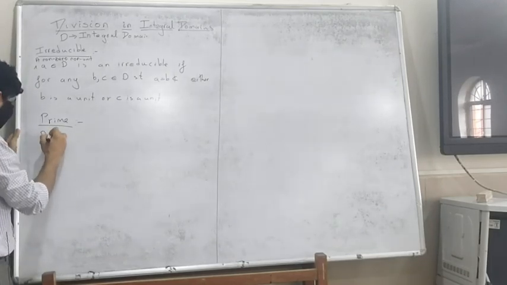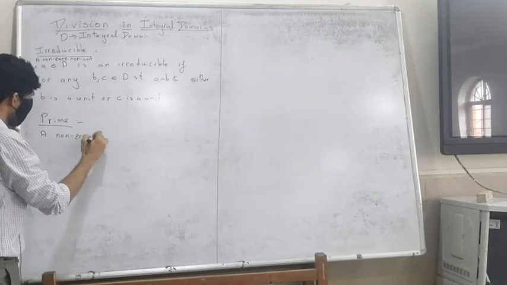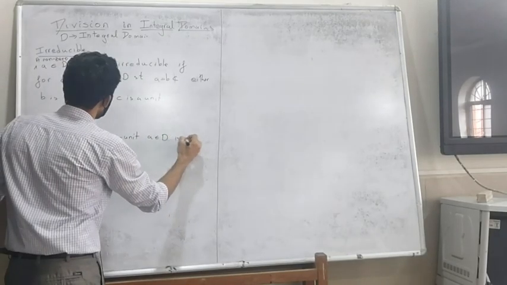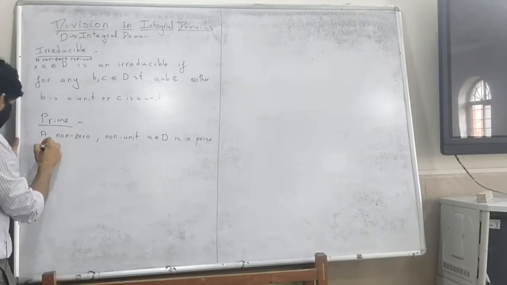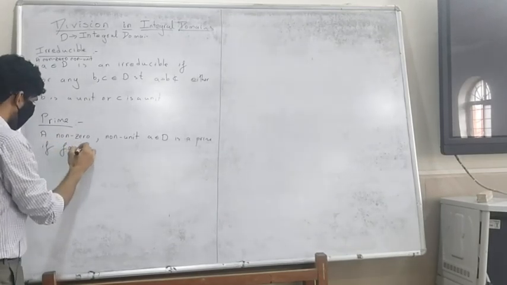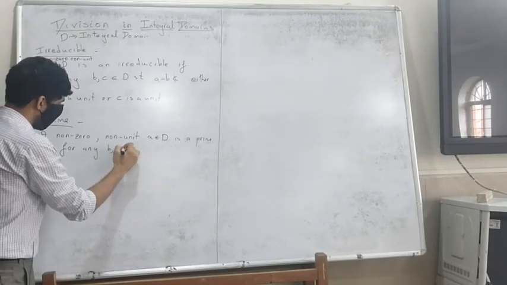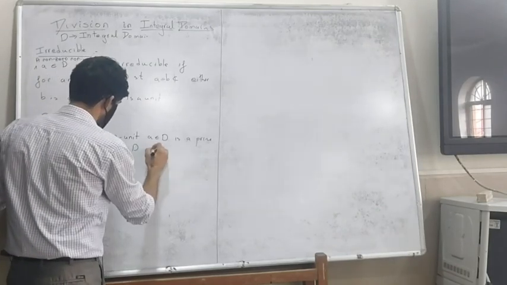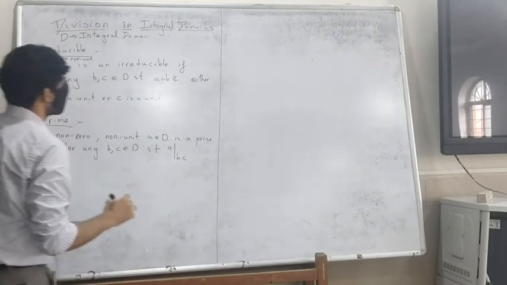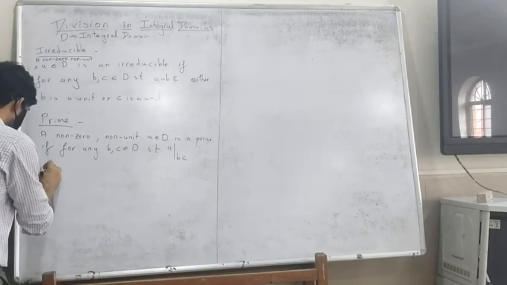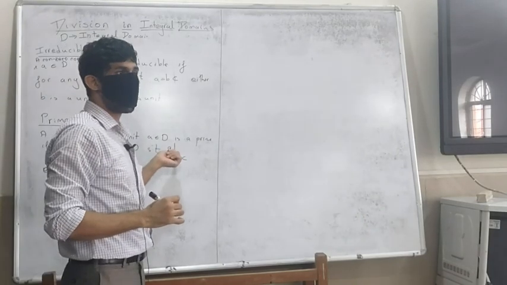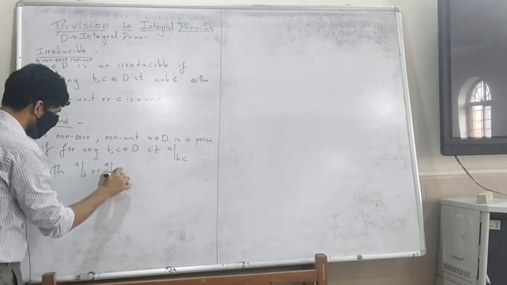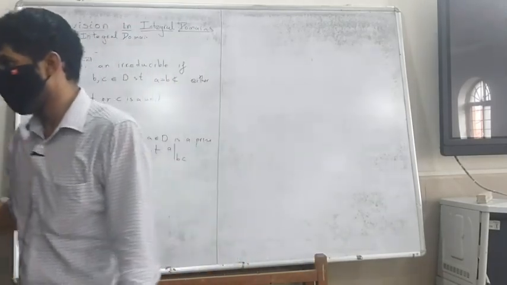A non-zero non-unit A in D is a prime if for any B and C in D such that A divides BC, either A has to divide B or A has to divide C. Either A divides B or A divides C. So okay, this is one thing.